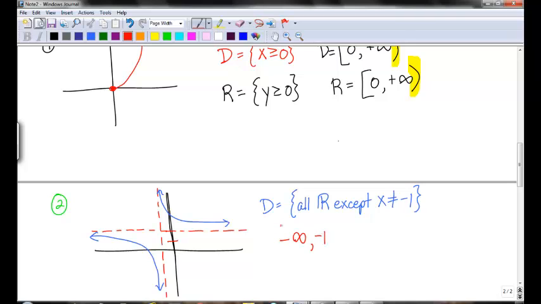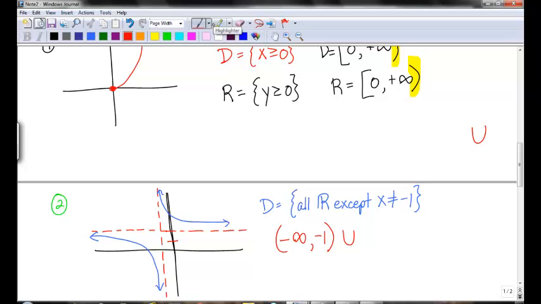We did not include -1. And now if there's two parts of the graph, everybody look up here, you do a union symbol. It is not this. There is no tail on it. It's just union like that. Union, because now we're going to do the second part of the graph.